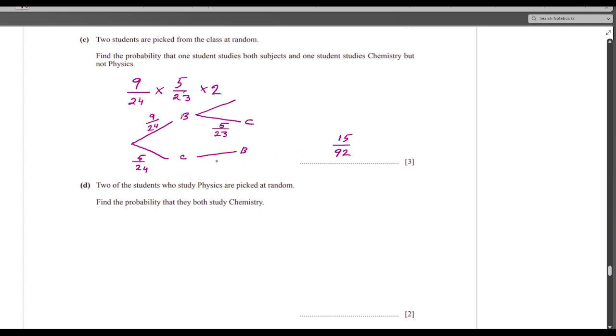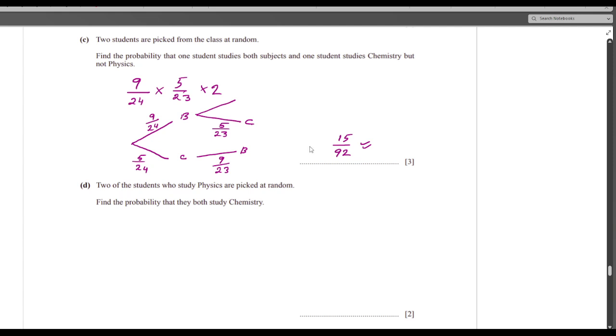So for both, it is going to be 9 divided by 23. Okay. So 9 divided by 24 times 5 divided by 23, or 5 divided by 24 times 9 divided by 23. Their sum will give you the answer. So many times it is confusing whether I have to multiply by 2 or not. Then in such situations, drawing a tree diagram will help you.